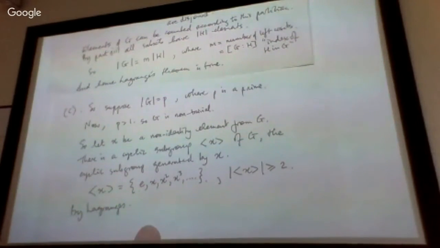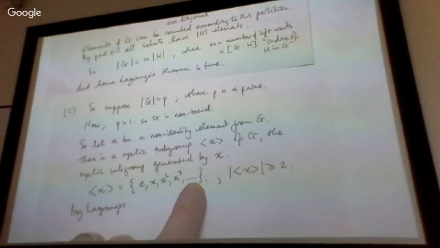The generated group by X has identity, X, X squared, X cubed. Does that go to X to the P minus 1? We don't know how far it goes because we don't know the order of X at this point. We're about to discover it. But the answer is it will go to X to the P minus 1.